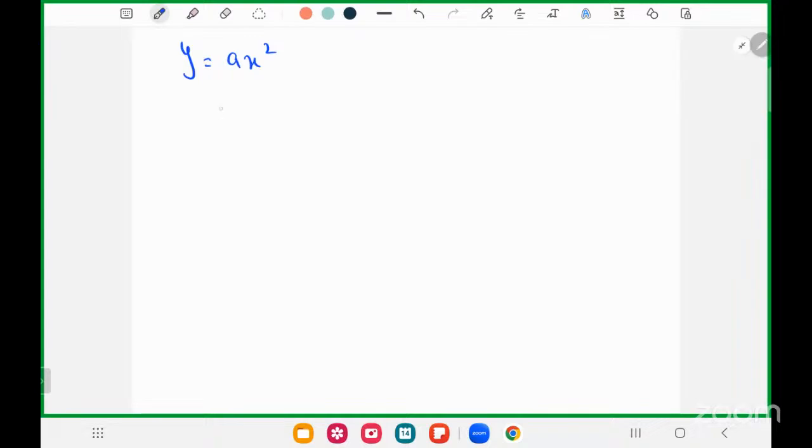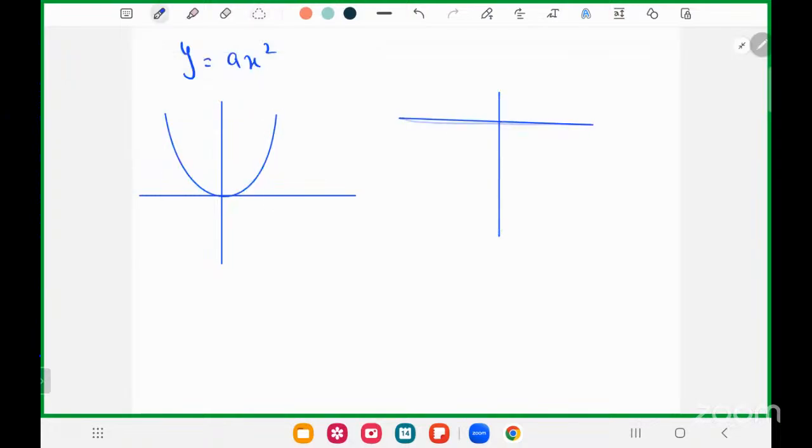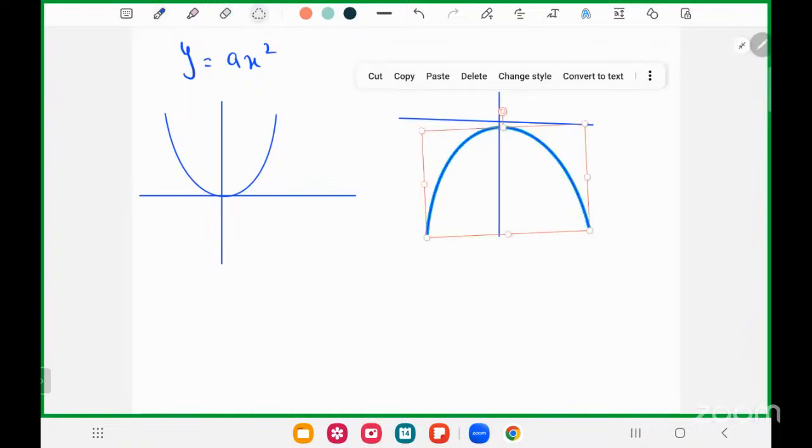So the graph of a quadratic equation will look something like this, or it will look something like this, depending on whether it is a maximum curve or a minimum curve.